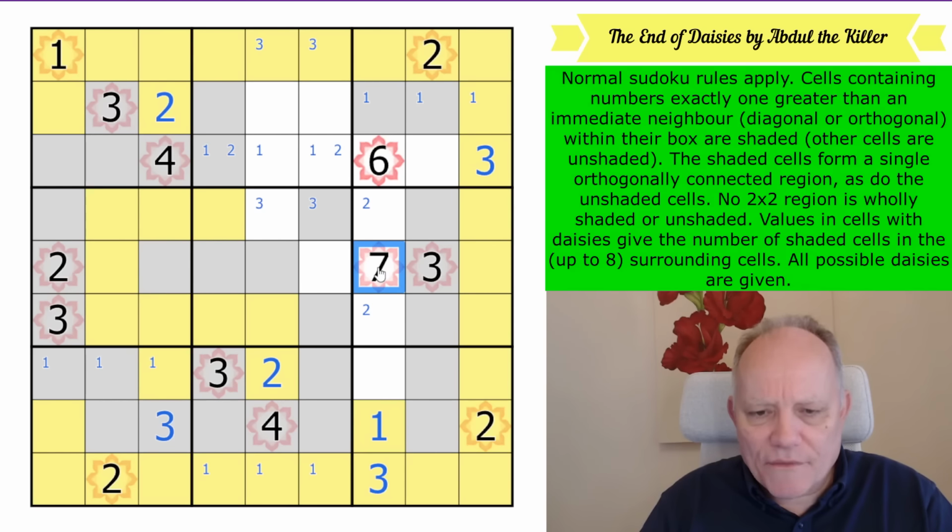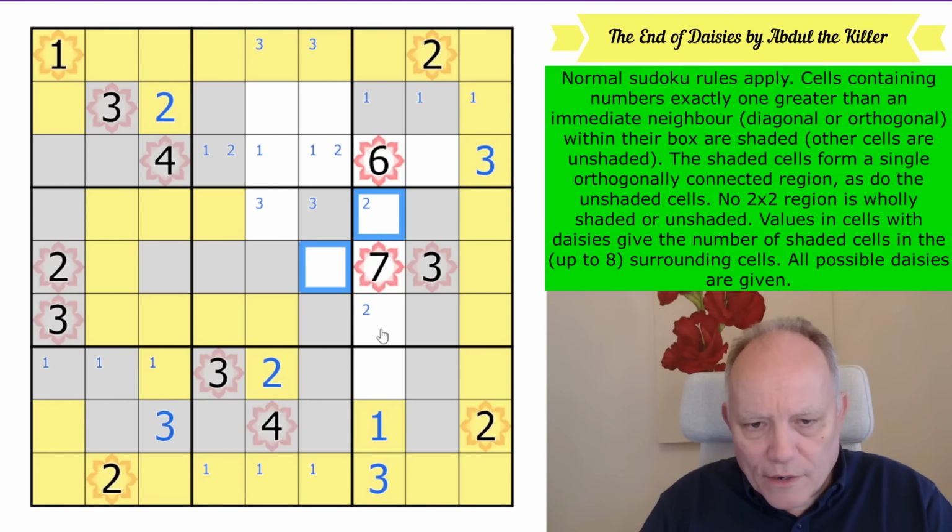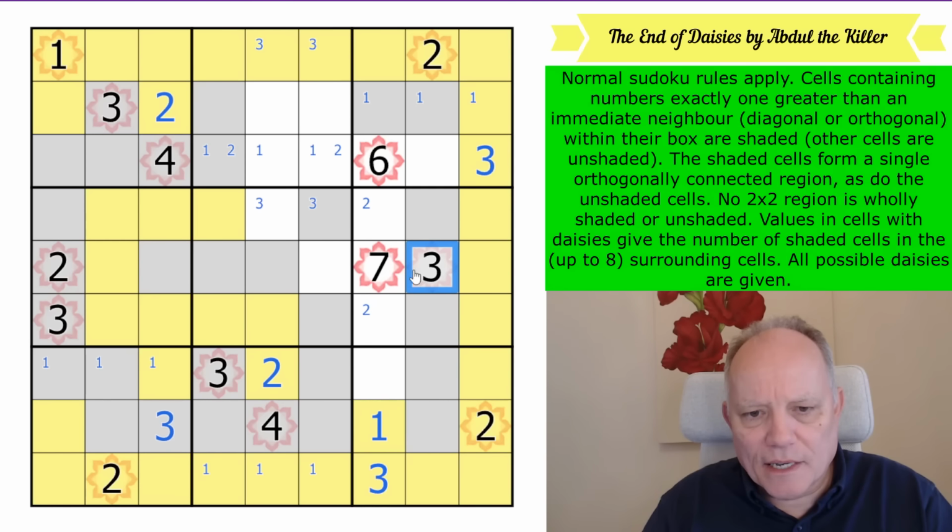Now, this 7, we worked out it's going to see 2 greys and a yellow in these 3 cells. So one of those is grey, and that's the 3rd grey that this is seeing. So that goes yellow. One of these is grey, and one is yellow to make that 3 work.